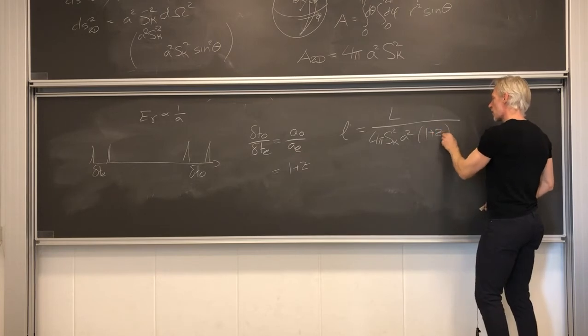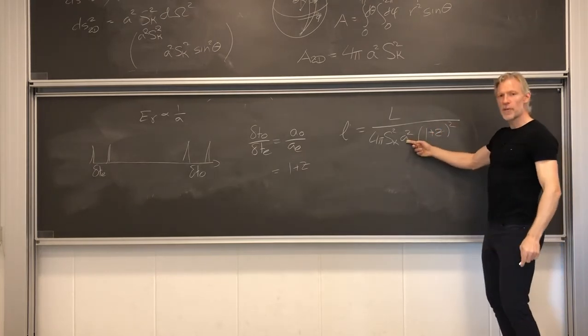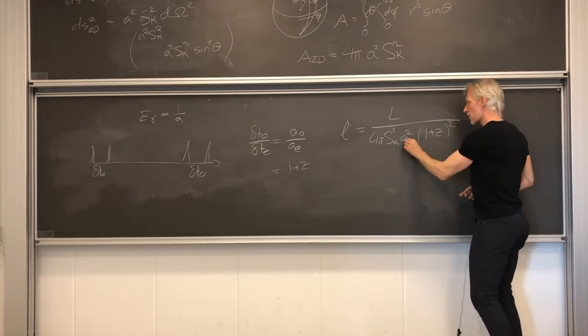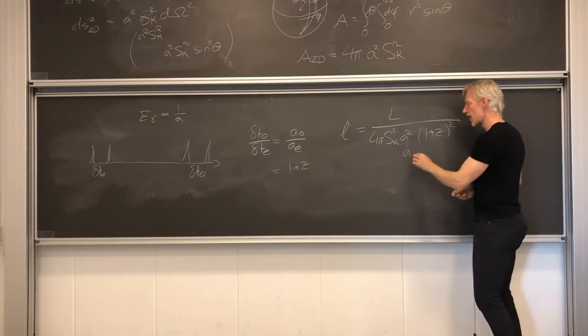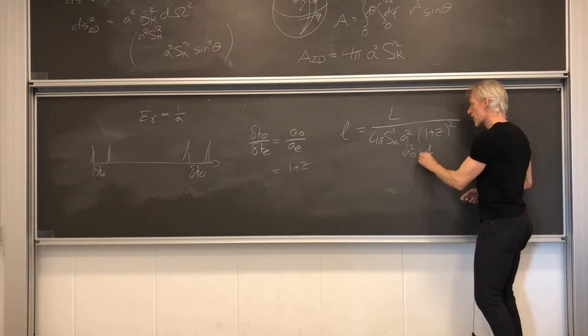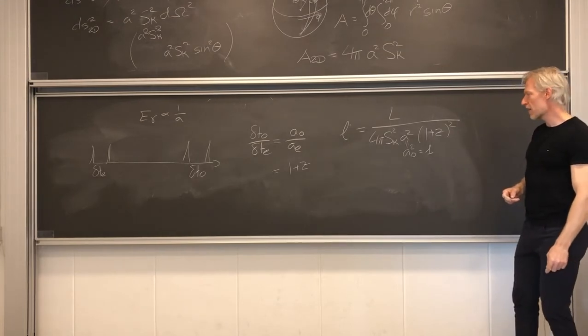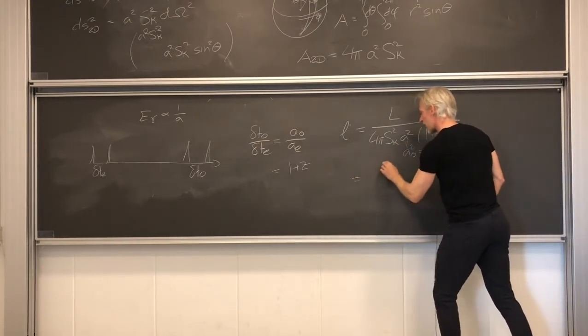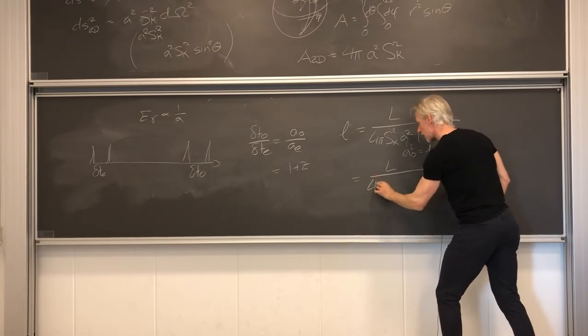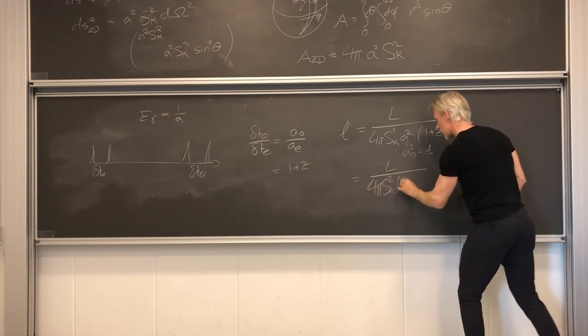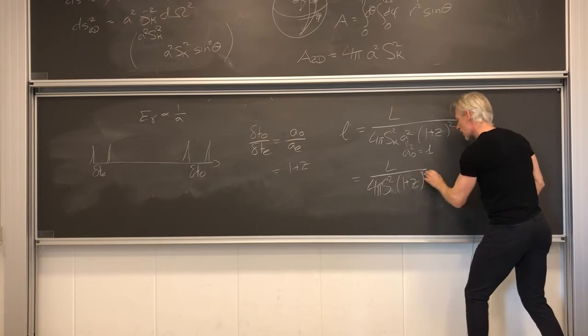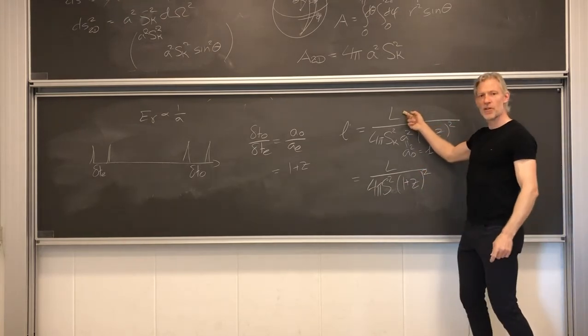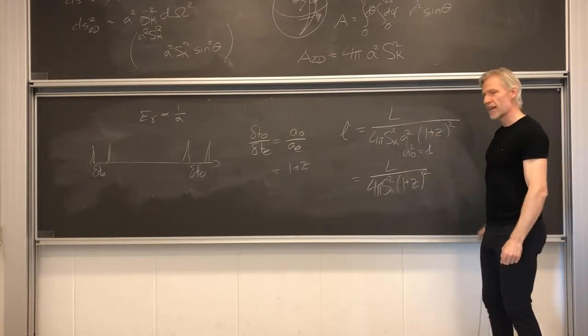Then normally, this, of course, remember, is the current value of the scale factor, which we normally put to 1. And if we do that, then we now have the final relation saying that the relation between absolute luminosity and apparent luminosity is given like this.